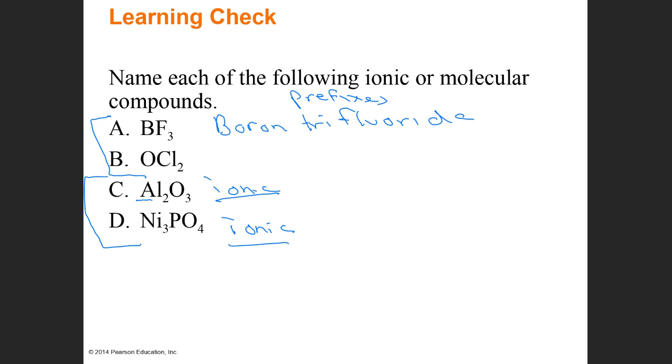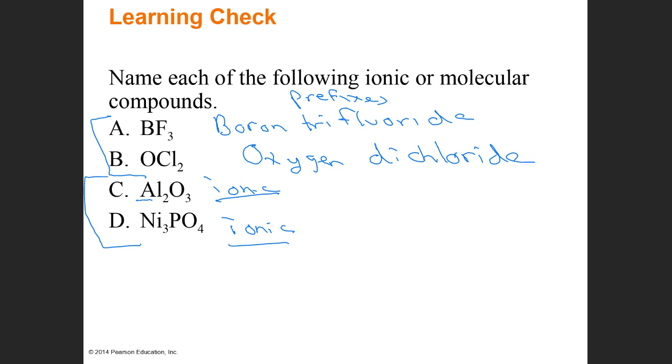Anyone want to take a crack at B? What is OCl2? Oxygen dichloride.